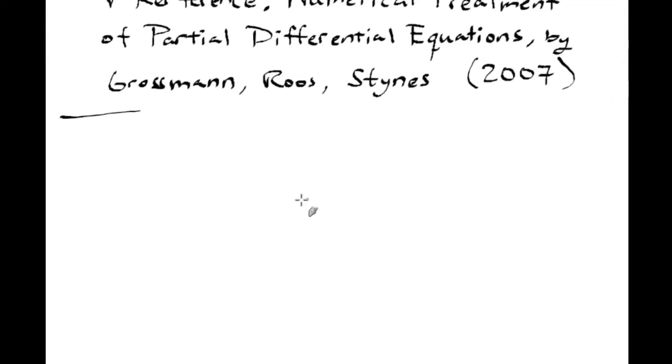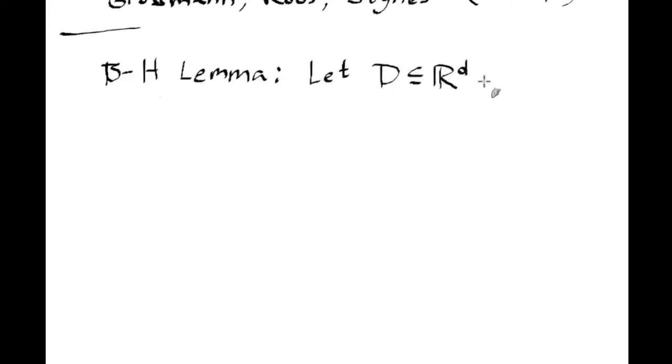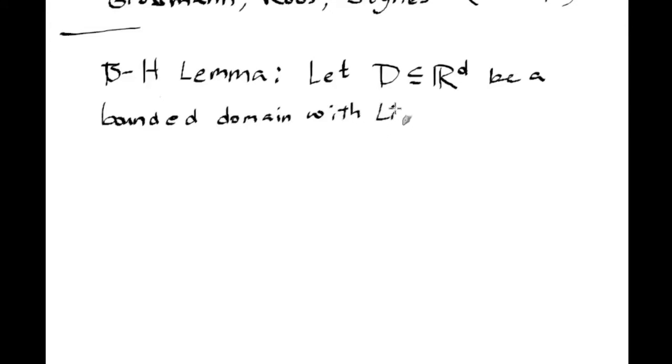So let's look at what the lemma is. I'm just going to shorthand it, the BH lemma. So what is this lemma? Let D, a subset of R^D, be a bounded domain with Lipschitz boundary.